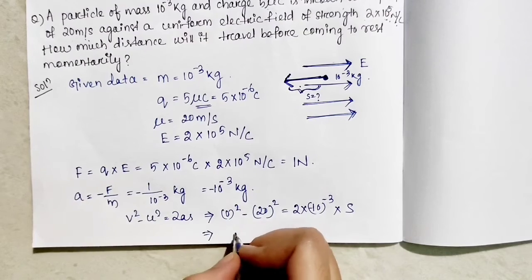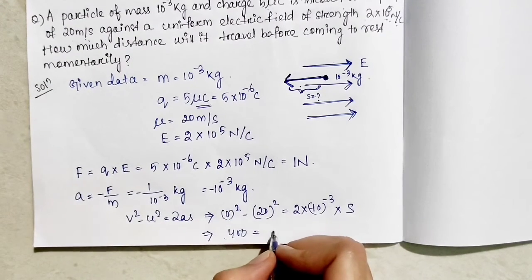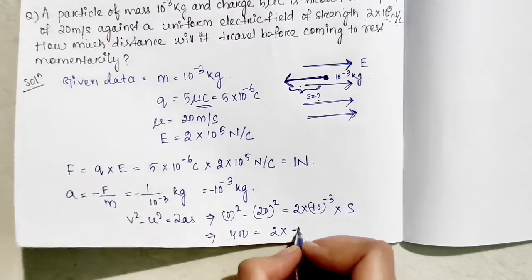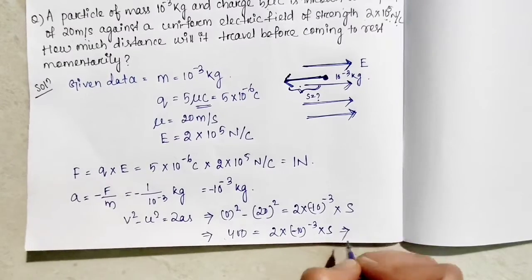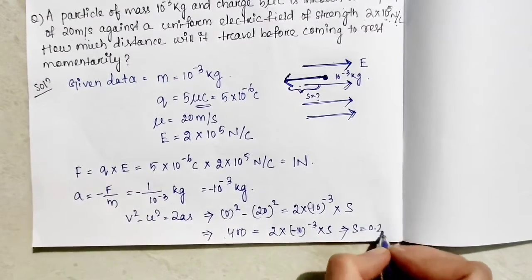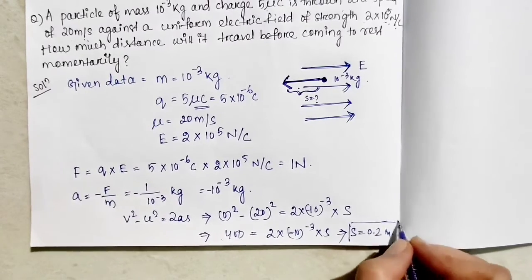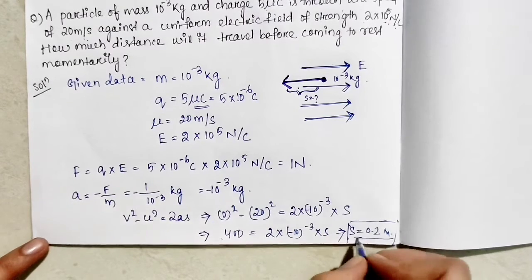So that is 400 is equal to 2 into minus 10 to the power 3 into S. That implies S is equal to 0.2 meter. If we calculate the whole thing, then we get this answer.